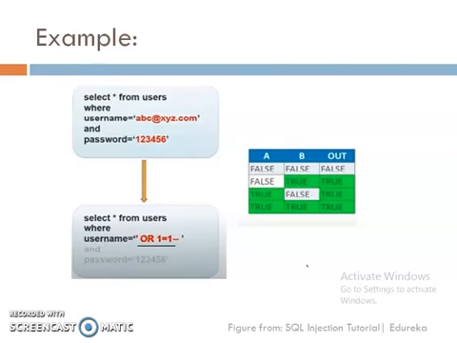It always becomes true, which means the query is executed. Here the end portion is not shown dark, it is light: and password equals 123456 is now not required to be executed, because if any one of the conditions becomes true, then the output is always true.